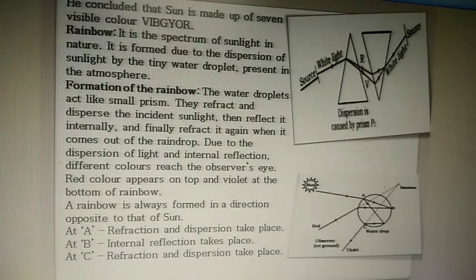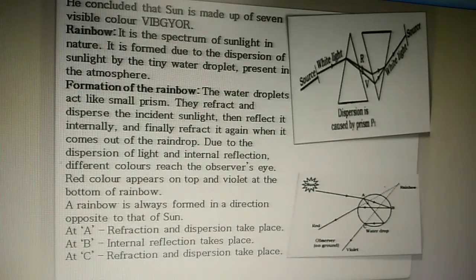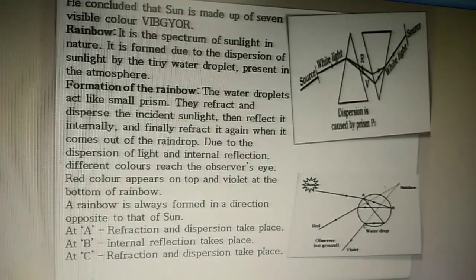Rainbow is the natural example where dispersion takes place. In nature, dispersion occurs in droplets which are suspended in the atmosphere.